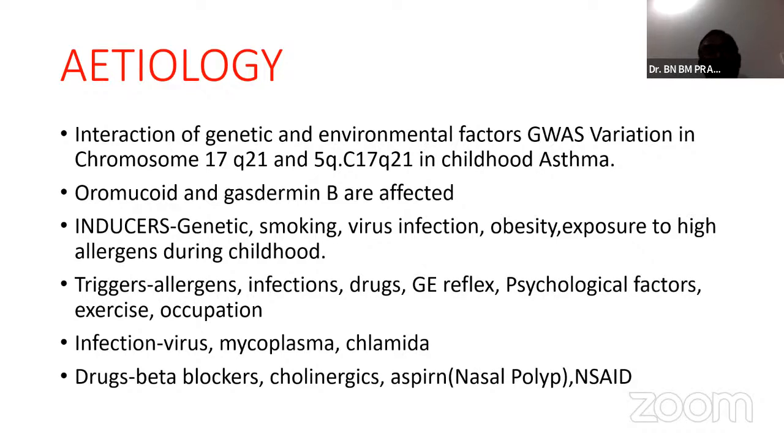They all contribute to this airway inflammation. And smoking, virus infection, obesity, exposure to high allergen during childhood, infections, drugs, gastroesophageal reflux, psychological factors, exercise, occupation, they all contribute to the development of airway inflammation.